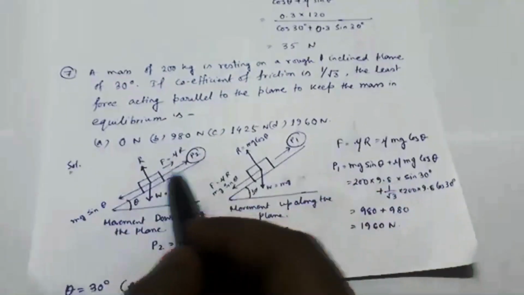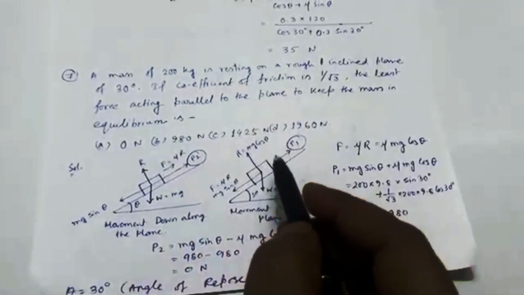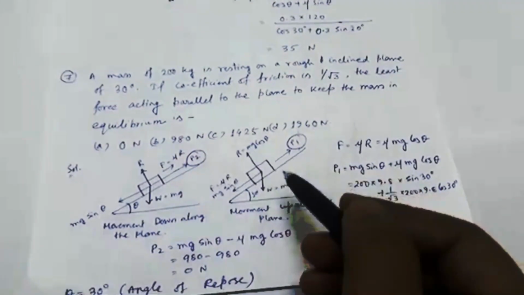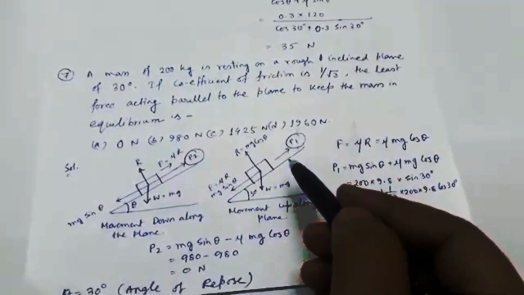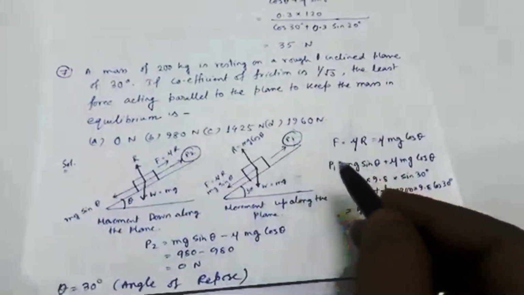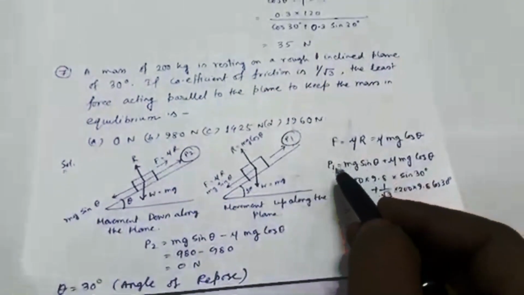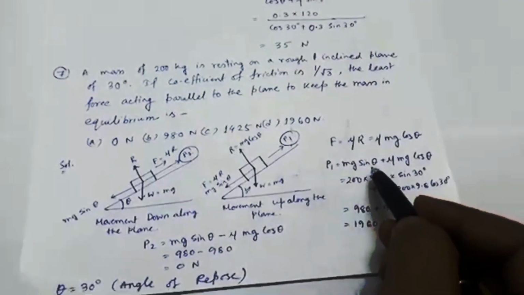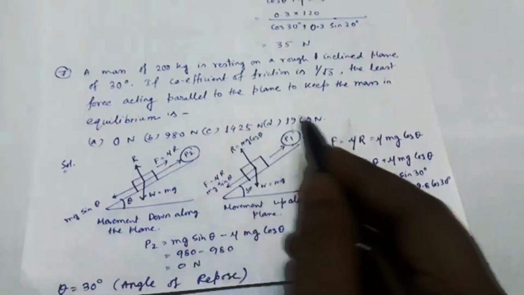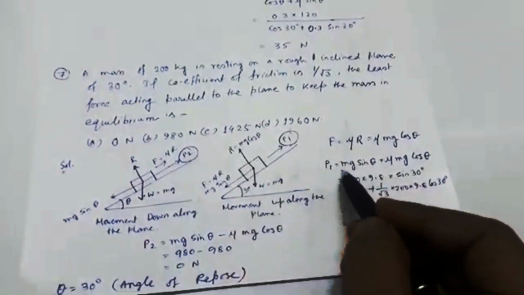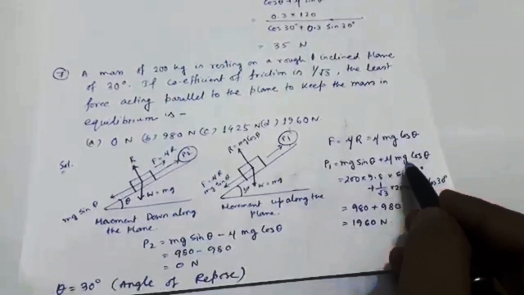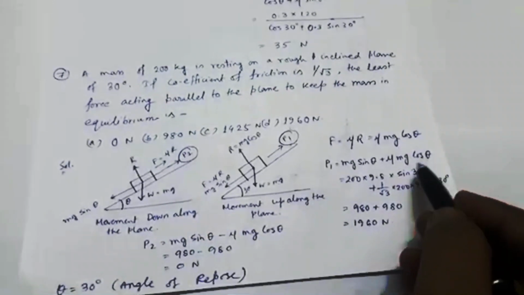For the first condition, we know that F equal to mu R. In the first condition, P1 is the force required, P1 equal to mg sin theta plus mu mg cos theta.